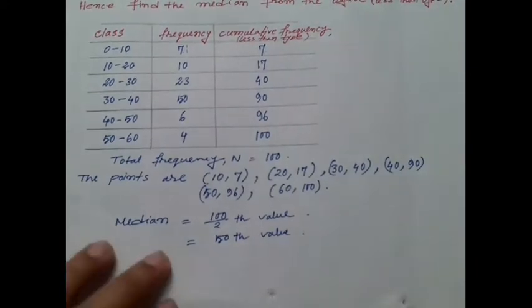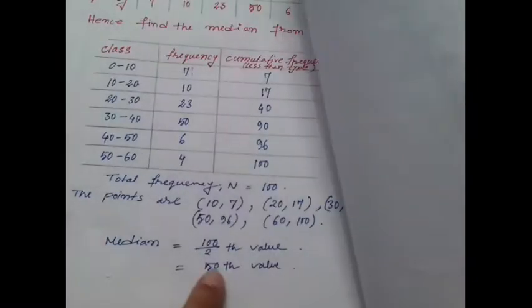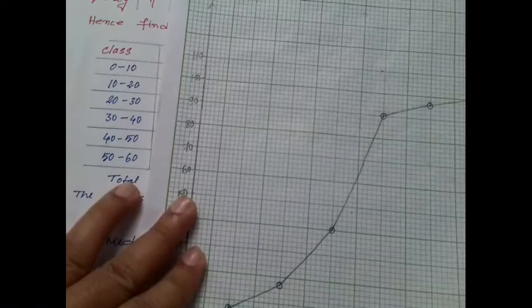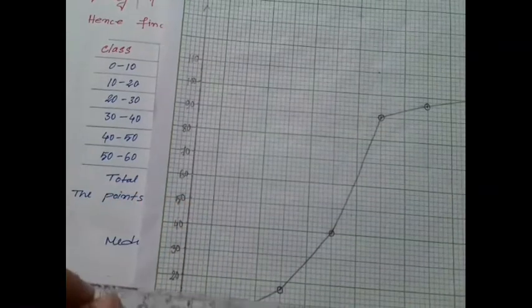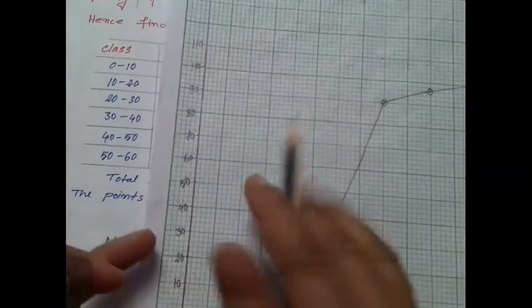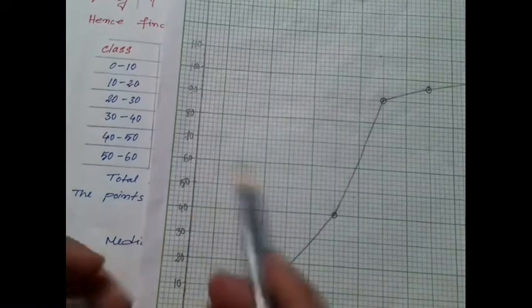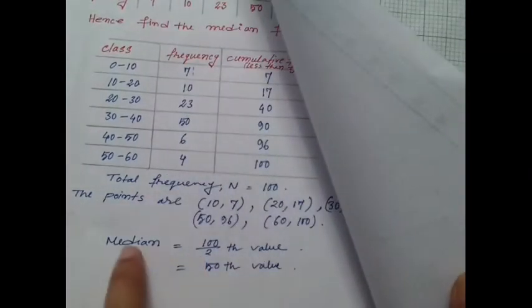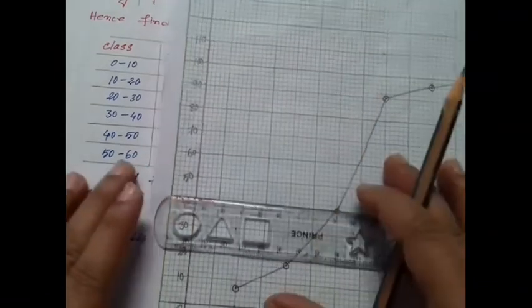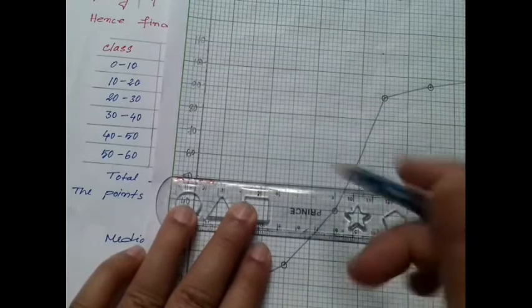Now from the graph we have to get the median, but we have got the 50th value, so we have to just draw a perpendicular at the cumulative frequency 50. Along the y-axis we have got cumulative frequencies, and this one is 50. As median equals the 50th value, we draw a perpendicular at 50.